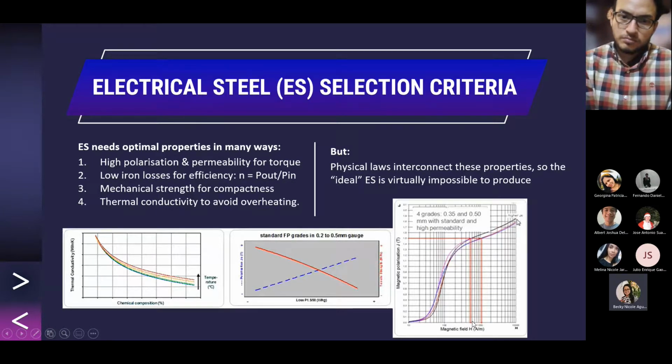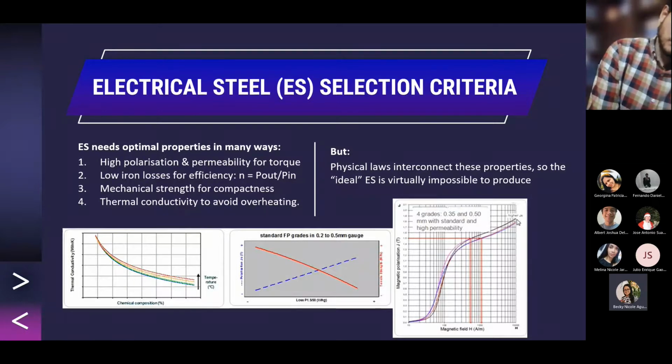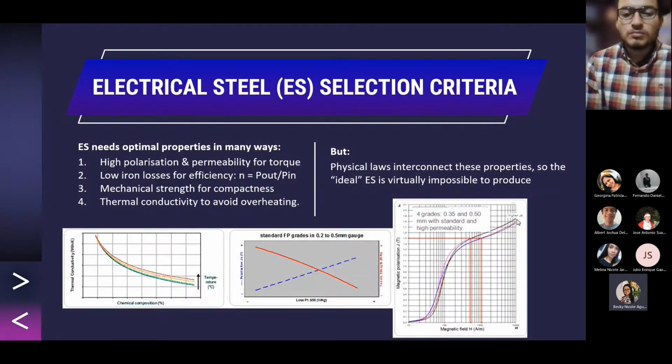If you have to go to the bottom graph, which is a less permeable material, this means that the way the material behaves in terms of magnetization will influence the amount of magnetizing current that is needed, and therefore also the amount of copper that is needed in the motor.